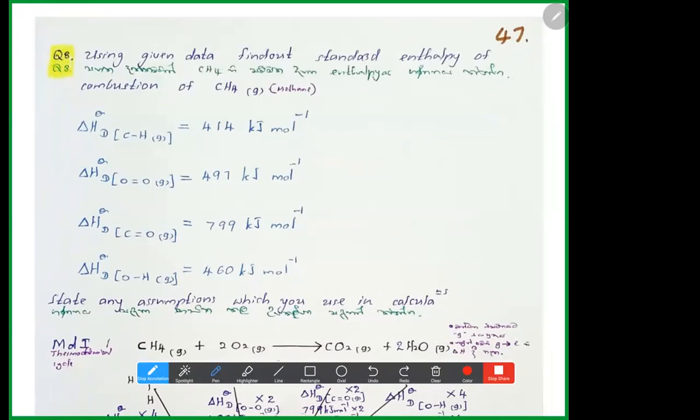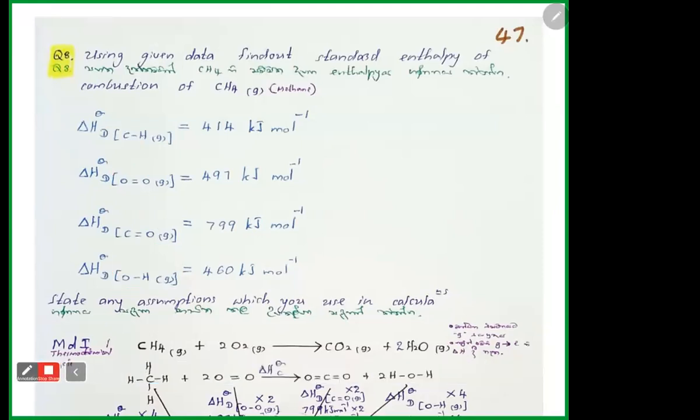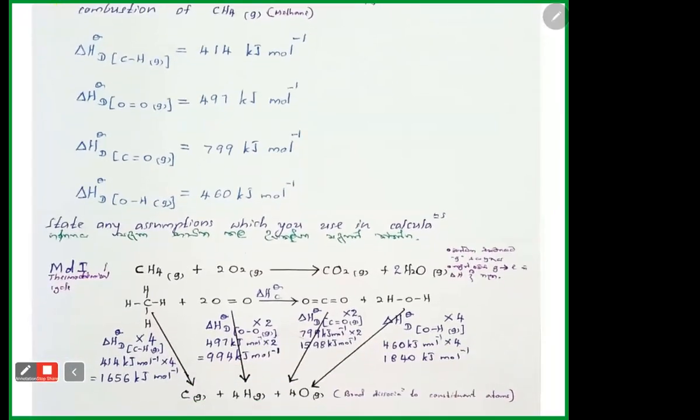Data, they were given dissociation enthalpies. Standard dissociation enthalpies of what? CH bond, OO double bond, CO double bond, and OH bond. Equation method is not that much applicable.